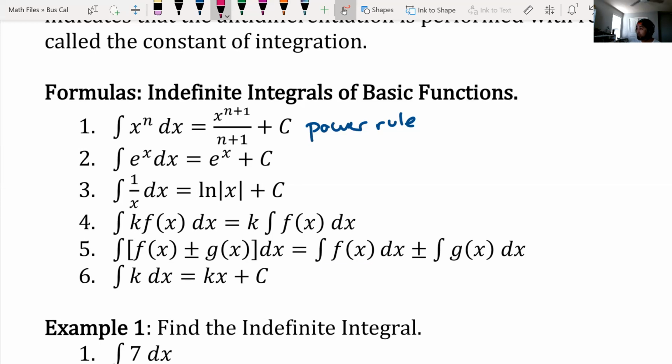The integral of some constant with respect to x will just be kx plus c. So if you're ever given a number by itself, then the antiderivative is just kx plus c, of course. So we'll call this the constant rule.